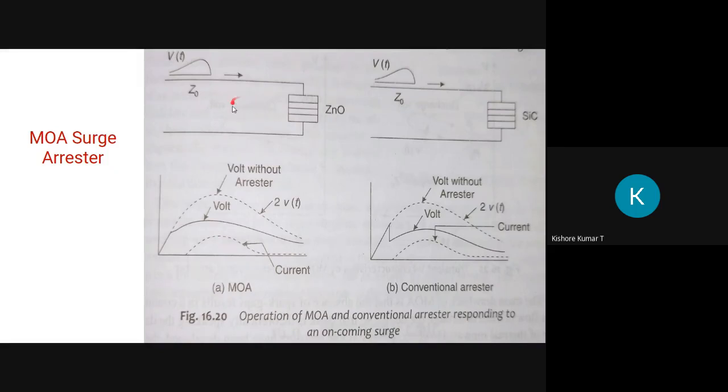Now assume there is a transformer in parallel with which a lightning arrestor is connected. What is the main purpose of this lightning arrestor? It should discharge the additional charge raised in the line due to surge without having any effect on the equipment to be protected.